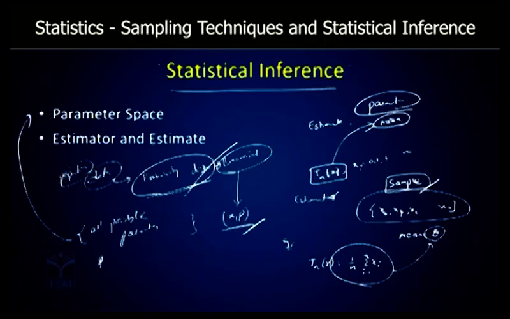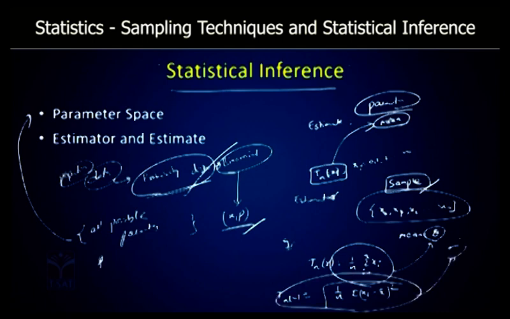A function may be anything. Now if I am finding the standard deviation, my Tn of x will become the square root of 1/n into summation of (xi minus x bar) whole square. This is an estimator for estimating the standard deviation of the population. So the function you write to estimate a population parameter is nothing but an estimator.